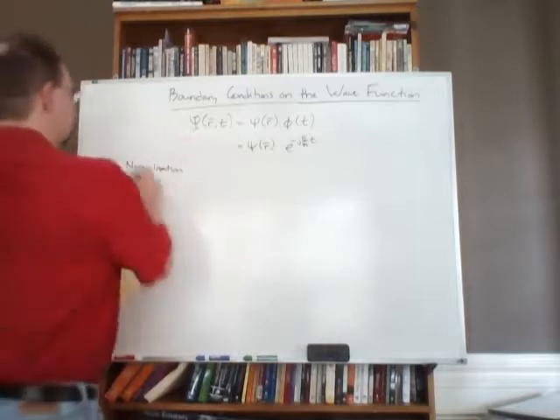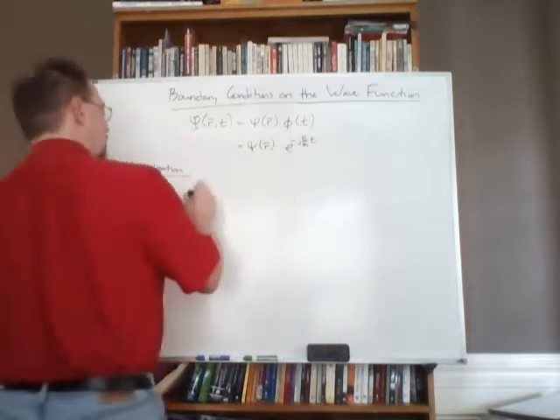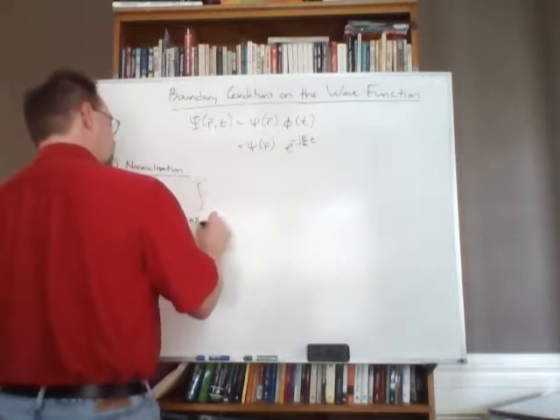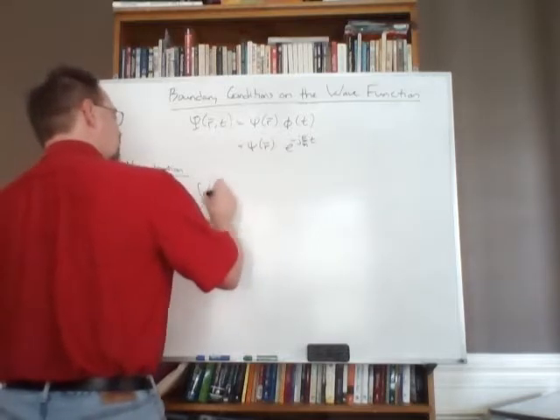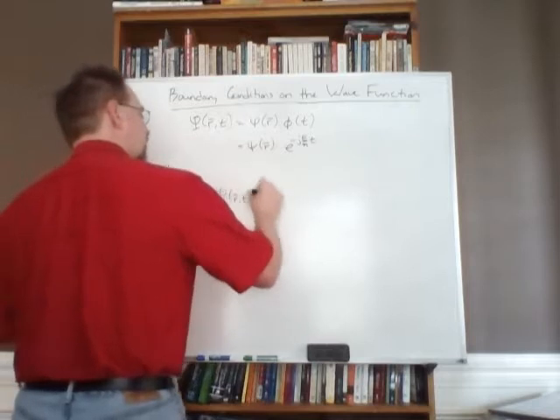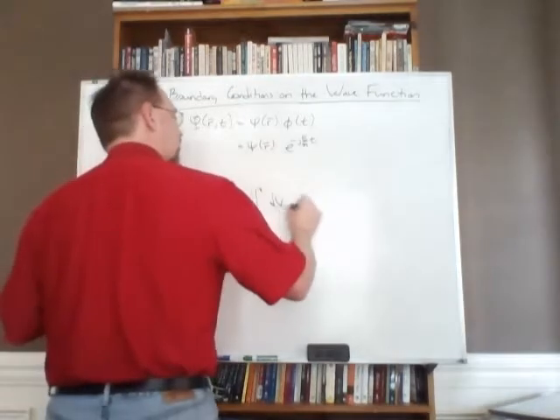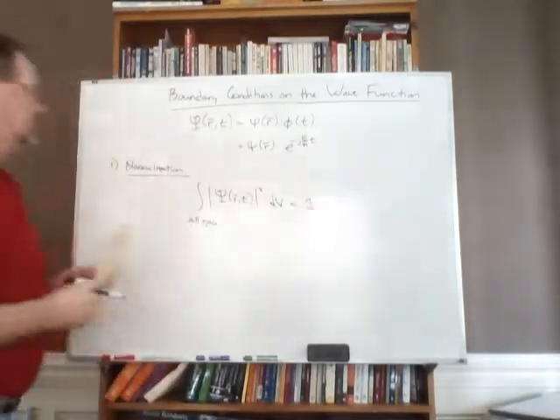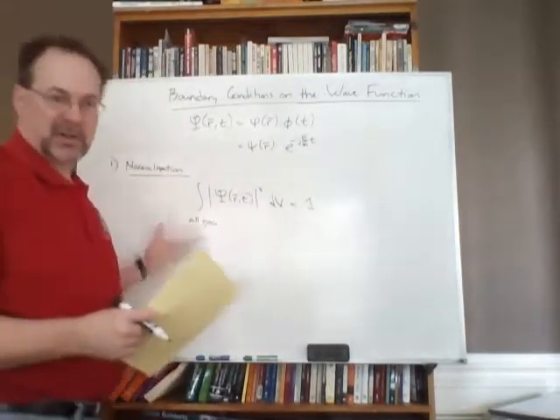So because of, and we've said this before, if we integrate over all space the absolute value squared of our wave function, this is equal to 1. So this is our normalization. We're calling it a boundary condition here.